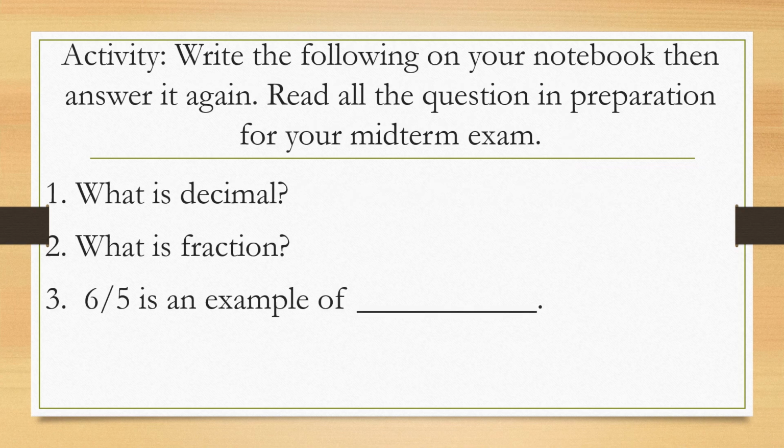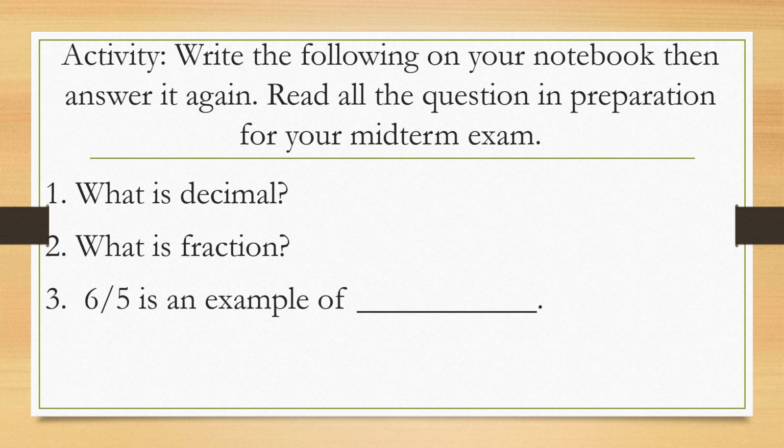So those are just some of the questions that will be coming out on your midterm exam. So kindly watch the video again and then write the following questions in your notebook, and then read them. Just keep on reading and try to memorize the definition or the meaning of the following vocabulary. Okay, so we have here number one, the meaning of decimal.